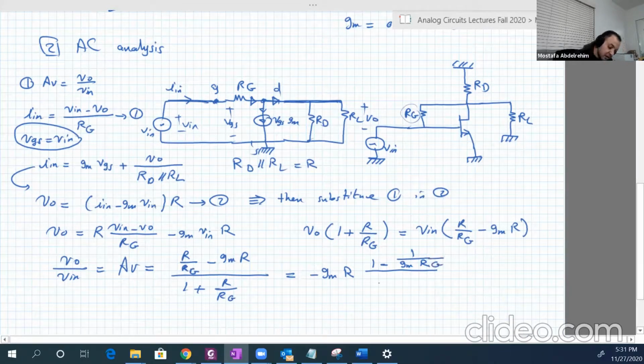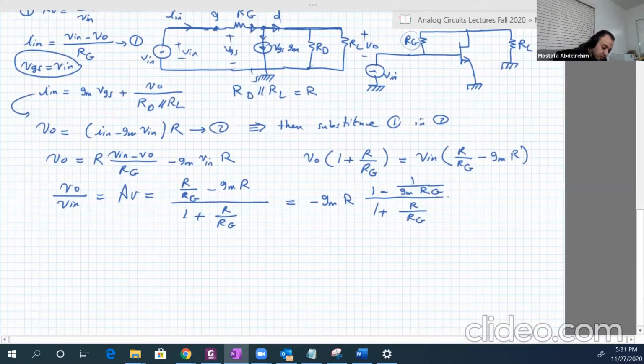And 1 plus R over RG. One note here is this term is approximately 1. Let's see why.